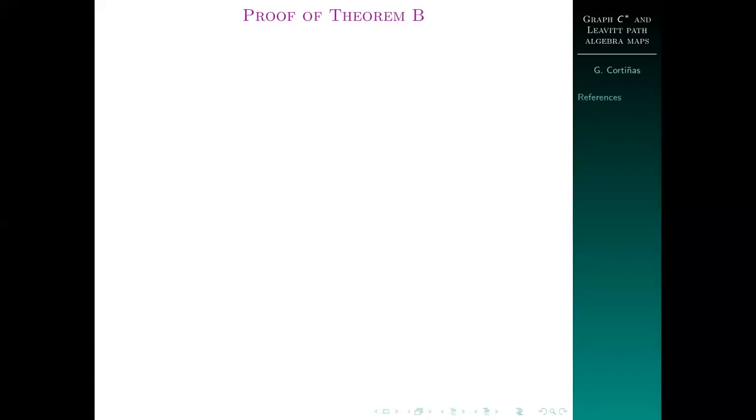So in particular, it must send a Leavitt path algebra LE to the C-star algebra C-star of E. So on objects it's clear how to define it. The problem is how to define it on homomorphisms. So to a little kk class, you have to associate a big kk class. And the idea for this is to use Poincaré duality.